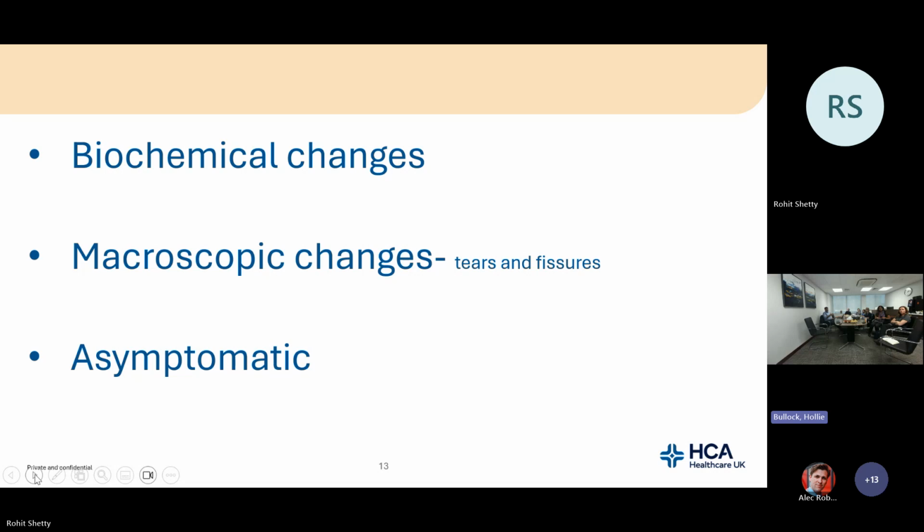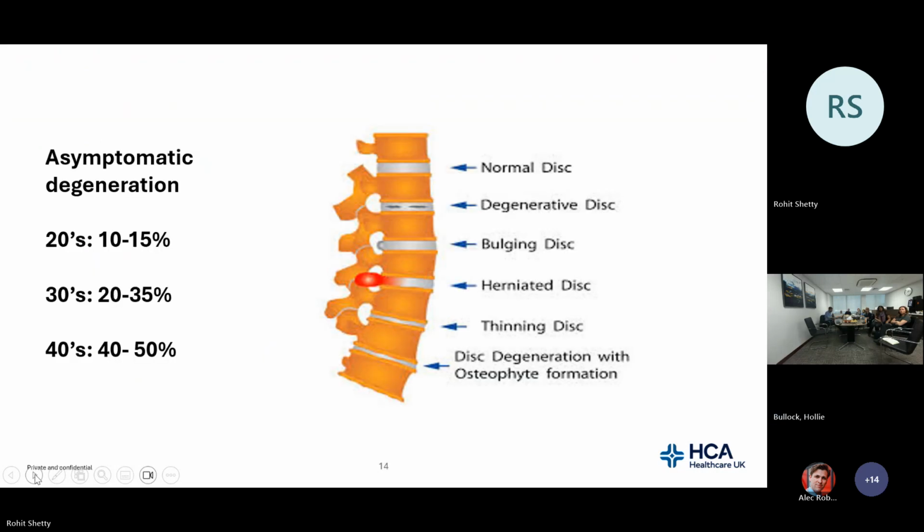They are macroscopic changes, and in a significant proportion of the adult population, those changes occur in the background, and a large proportion of our patients are asymptomatic. If you look at the diagram on the right-hand side, it shows the natural history of a disc which is normal and then undergoes degeneration, and degeneration is specific to what we call age-specific, genetically predisposed.